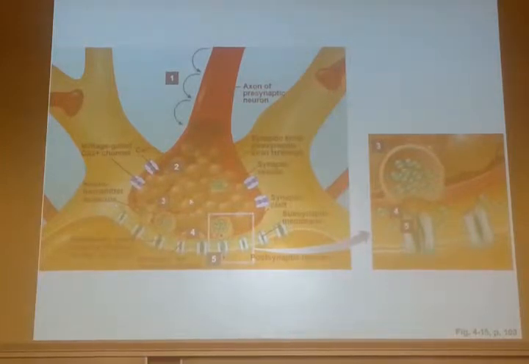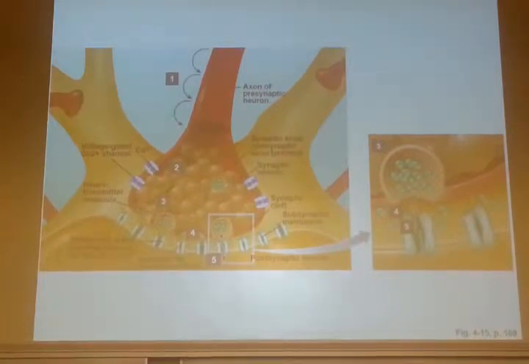When the calcium comes in, the filaments shorten, the vesicles move to the plasma membrane, and then the proteins interact with the plasma membrane. That's called docking. And then there's release of neurotransmitter by some form of exocytosis.